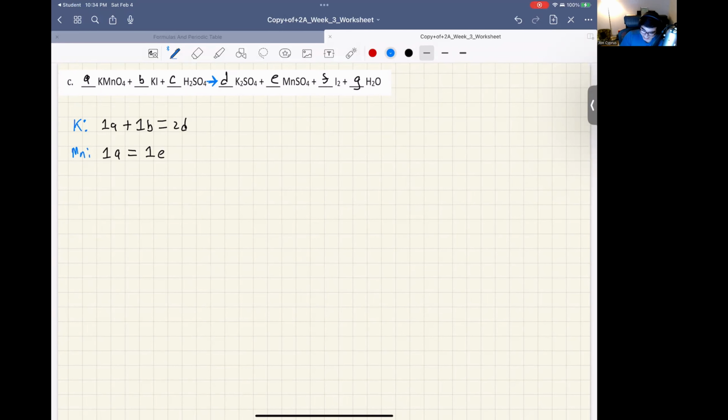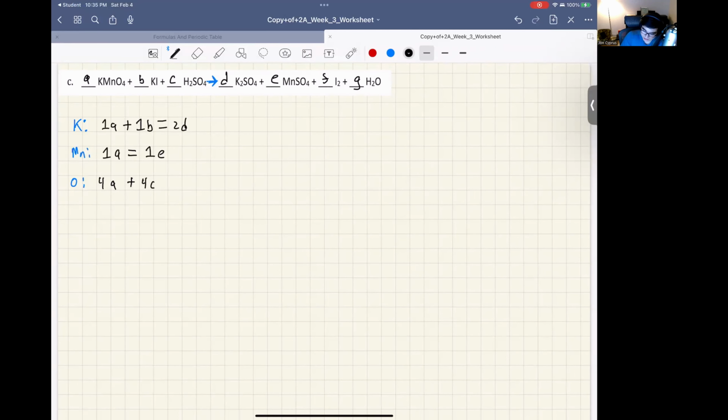So next, let's do oxygen. For oxygen, there are 4 in that first one. So 4 times A, 4 oxygens per A. For C, there are also 4.